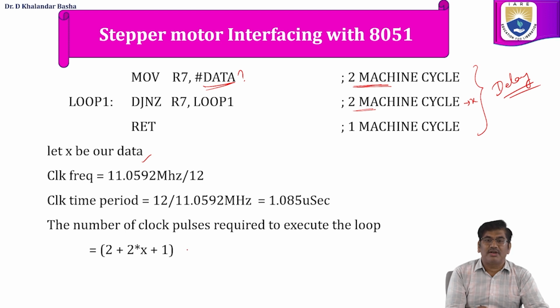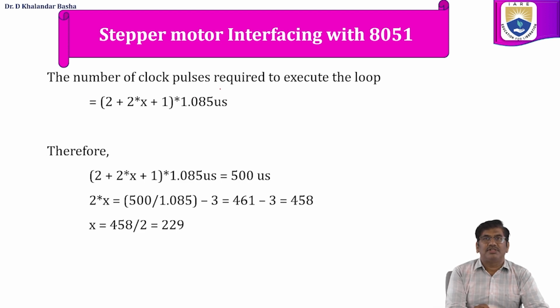So the total number of clock pulses required is 2 plus 2 times X plus 1. This is the total number of clock pulses required for executing the delay loop. For each clock pulse, the duration is 1.085 microseconds.